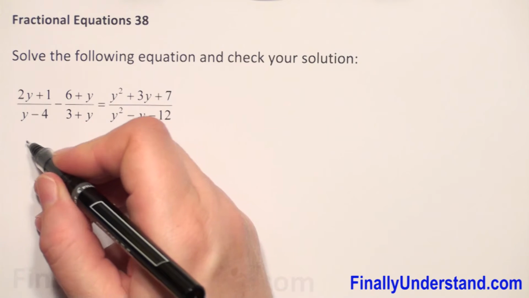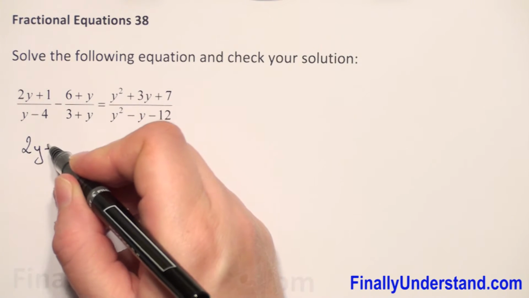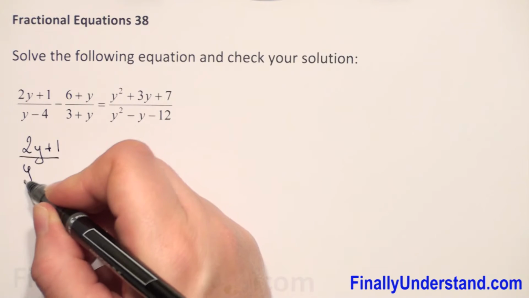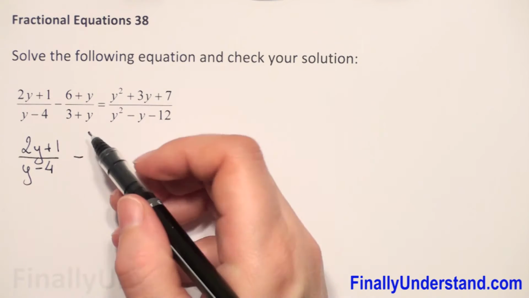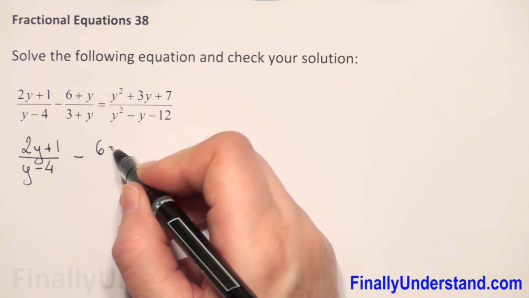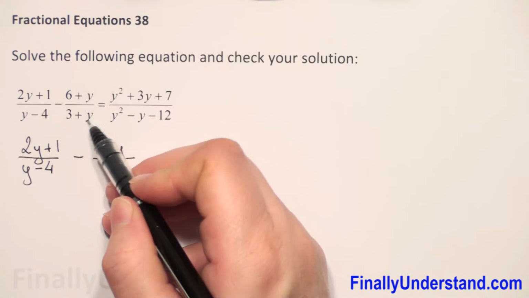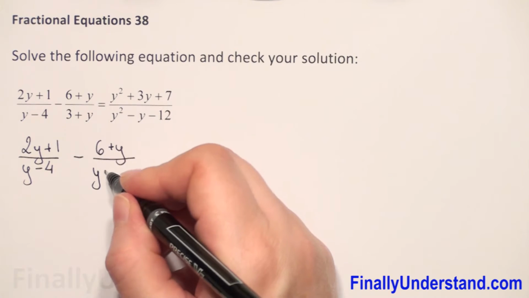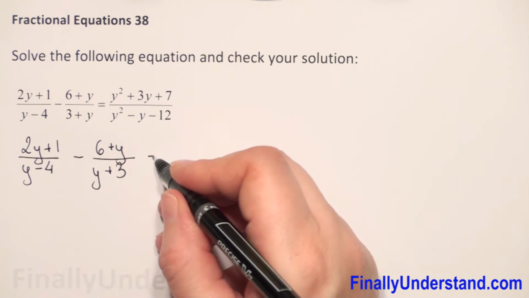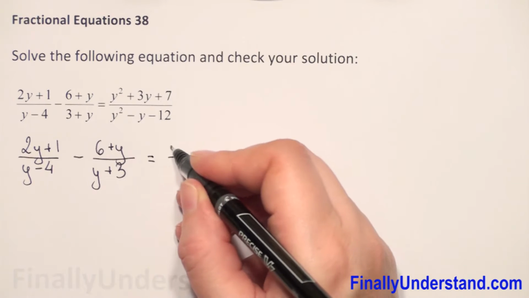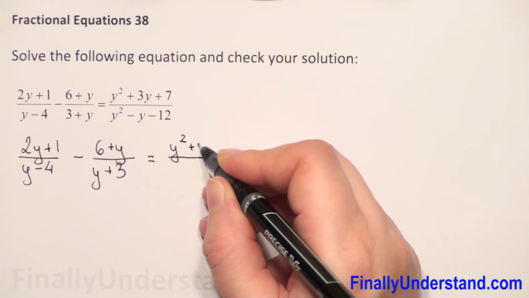So let me copy the first algebraic fraction. We have minus, and we have 6 plus y over 3 plus y. So first I will write the variable y, and next plus 3. This is equal. Numerator I will rewrite.